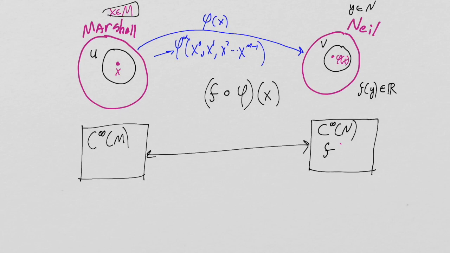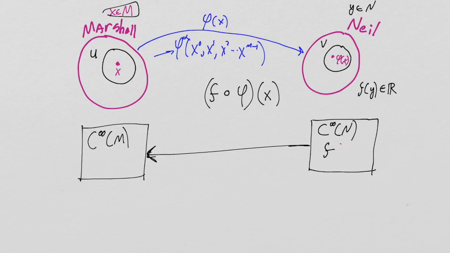So now I have a function whose domain is in Marshall, which means it lives in this set, and it only depends on two things: some element of the Neal set of continuous functions, and our setup function that connects Marshall to Neal. So this is a real function in here, and we have made a map that goes from the set of infinitely differentiable functions on Neal to the set of infinitely differentiable functions on Marshall.